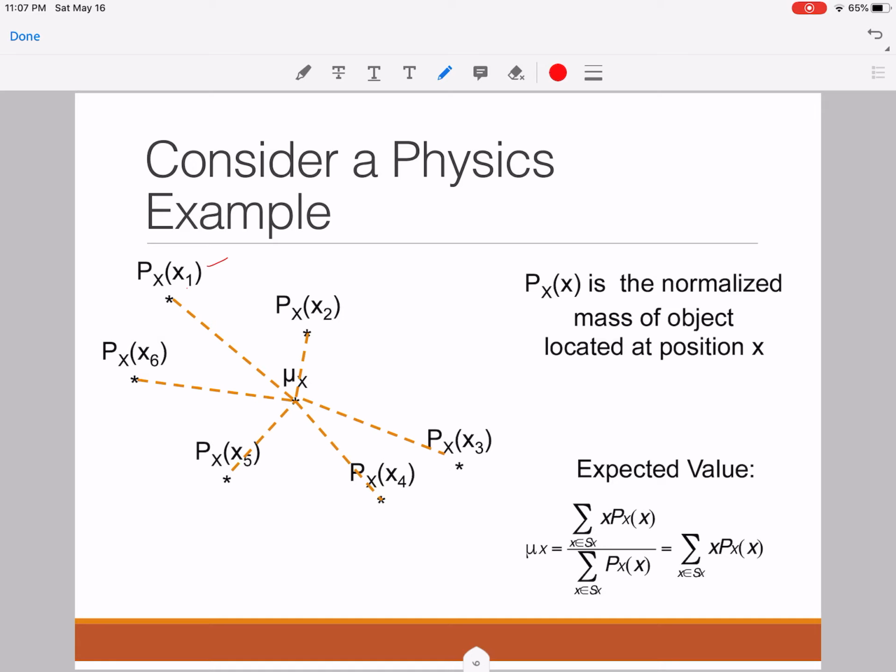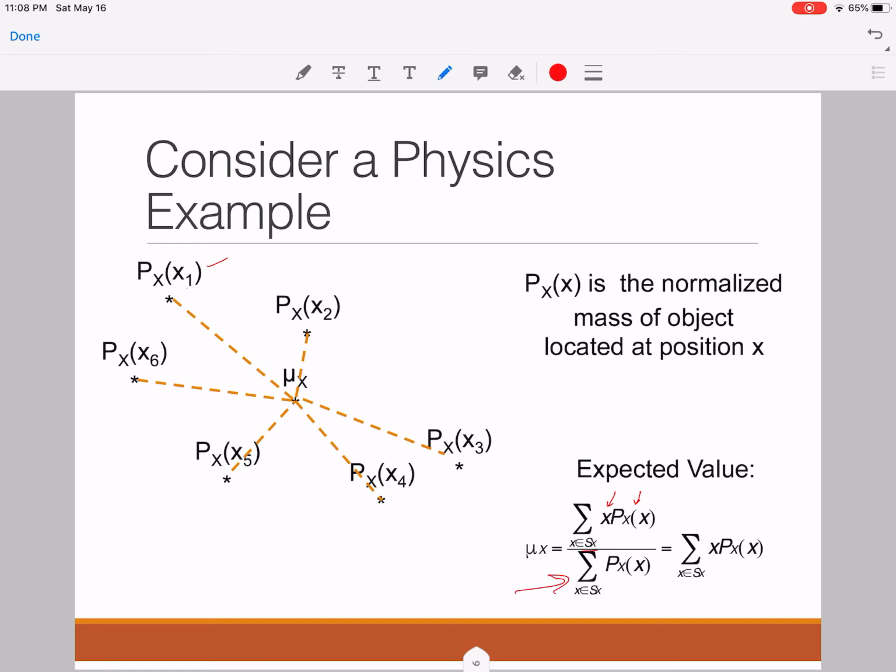If I would like to calculate the center of mass, I can use my physics principle that the center of mass is equal to the summation of the product of mass times location divided by the sum of all masses. Similarly, I can obtain the expected value as the summation of the product of location times the mass of these objects divided by the sum of the individual masses, and that is going to give me the expected value of x.